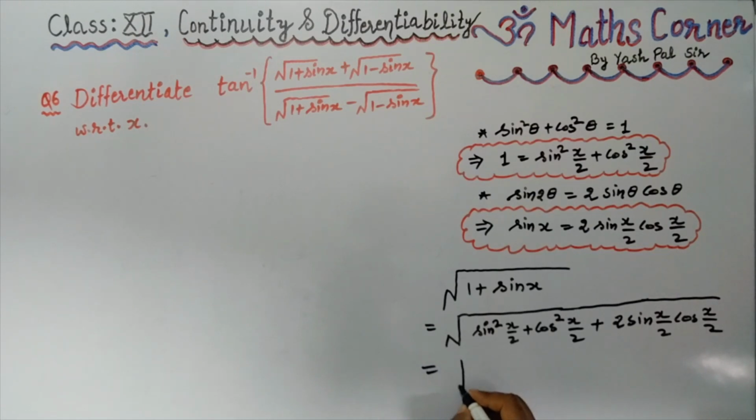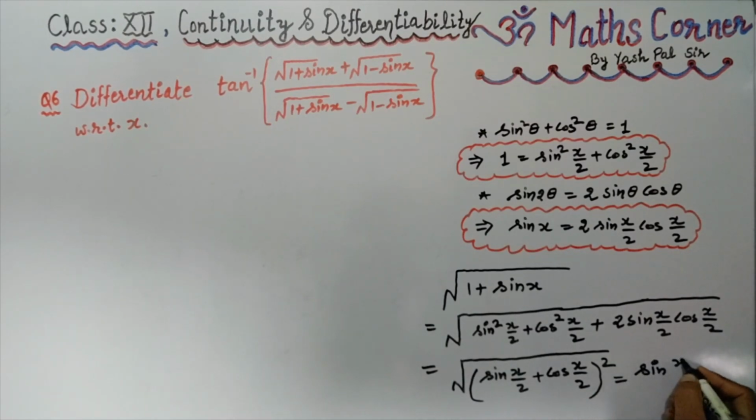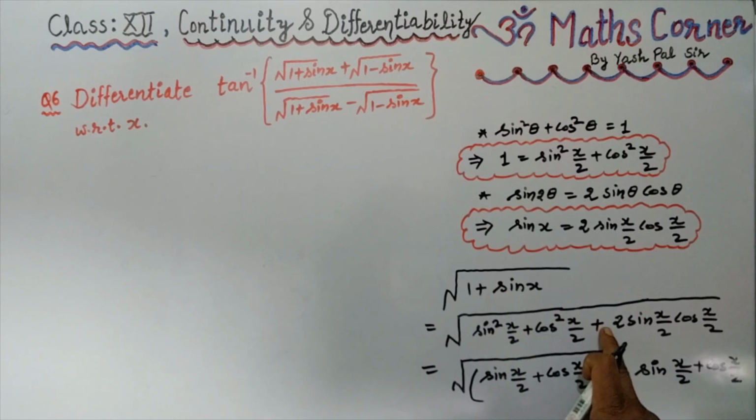So this becomes equal to square root of sine x by 2 plus cos x by 2, its whole square. Now this square root and square are cancelled, so we are left with only sine of x by 2 plus cos x by 2. Similarly, when we solve square root of 1 minus sine x, we put a minus sign here, so this will become sine of x by 2 minus cos of x by 2 whole square, that is sine of x by 2 minus cos of x by 2.